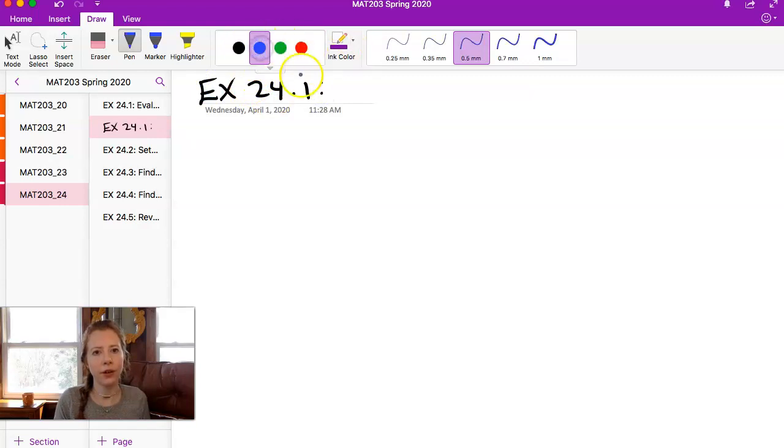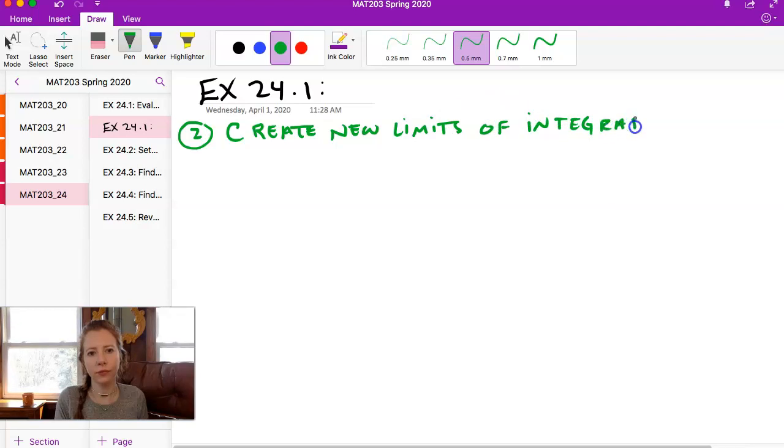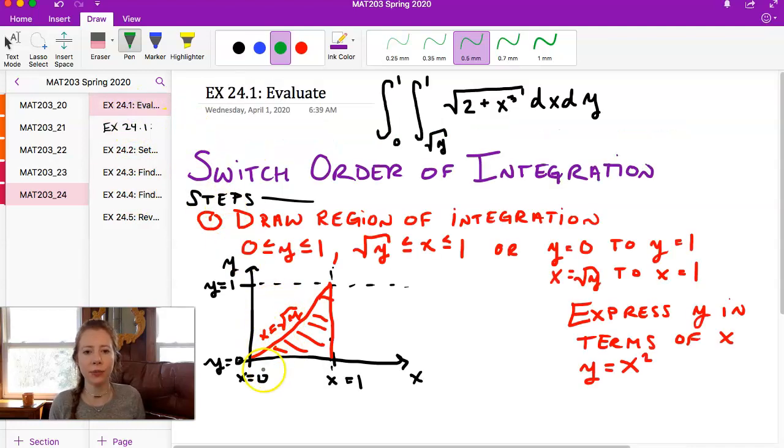All right, so our next step is going to be that we create new limits of integration. Okay, and so we're going to have to express this first in terms of x.